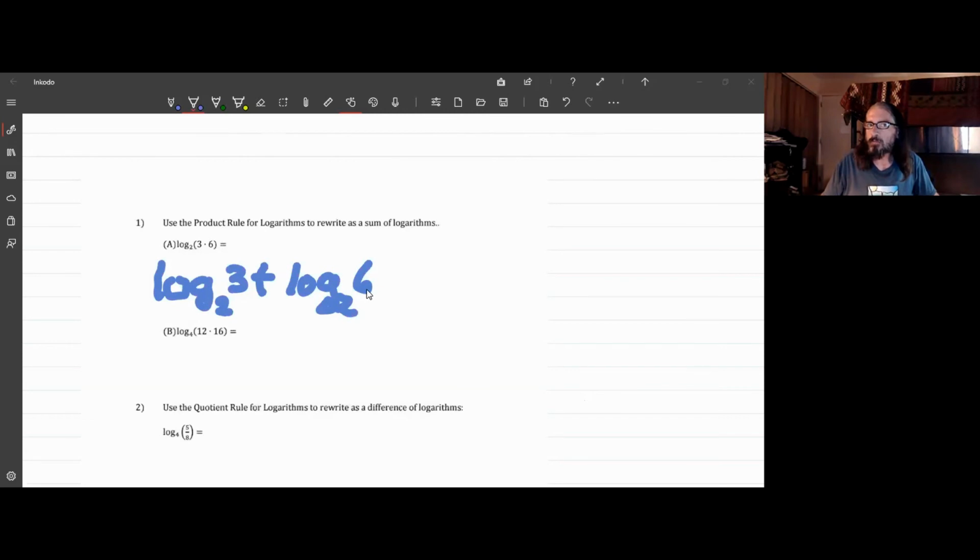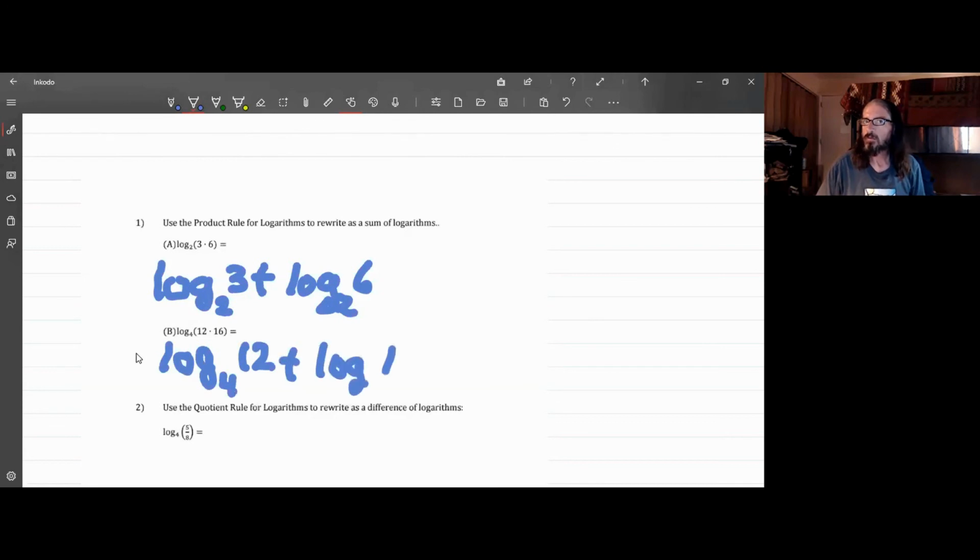So on the next one, log of 12 times 16 in base 4, I'm going to split that up as the log of 12 in base 4 plus the log of 16 in base 4. Now this one we can go a little bit further.